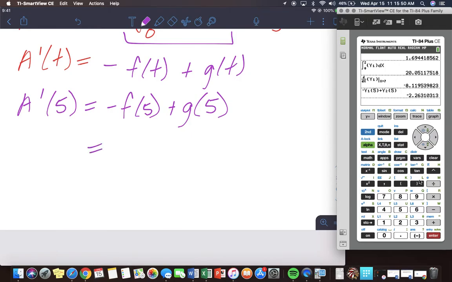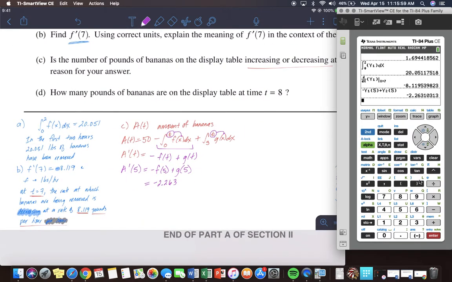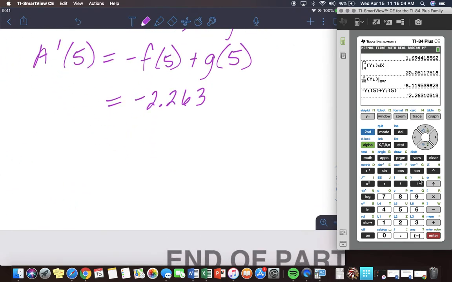So this is equal to negative 2.263. Because that rate is negative, the bananas are decreasing.